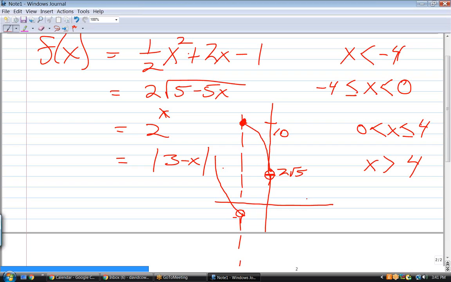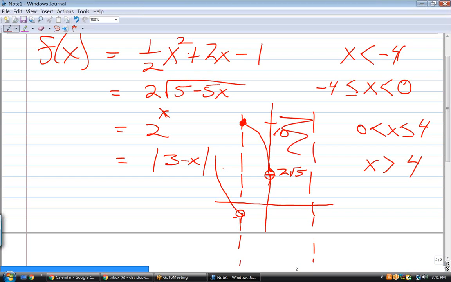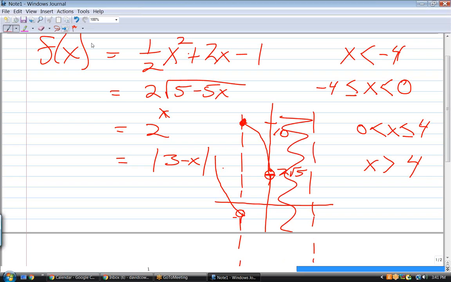Okay, the next region is from 0 to 4. I'll put a dotted line there just so we know the region we're talking about. This is the next region I want to draw a function in. Let's move that 2 square root of 5 to the other side just so it doesn't get in the way.